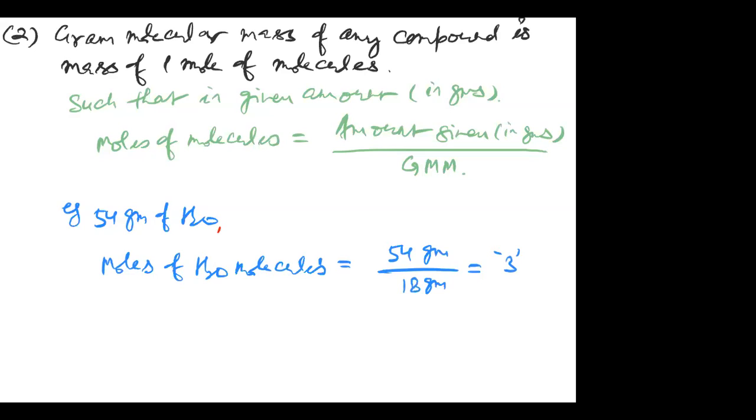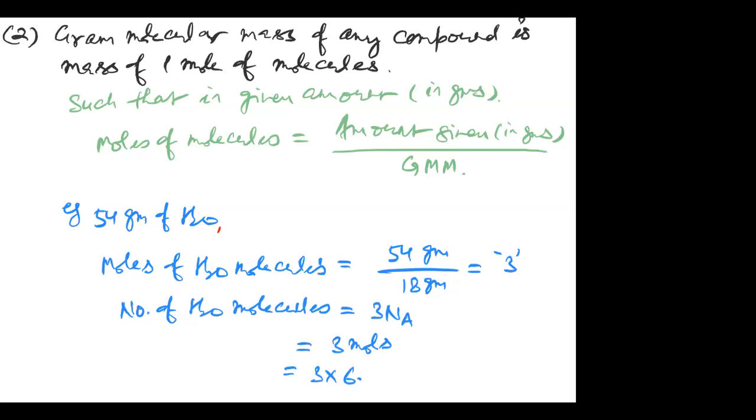If we have to find the number of molecules, it should be 3 NA, or you can simply say 3 moles, or thrice of 6.022 into 10 to the power 23.